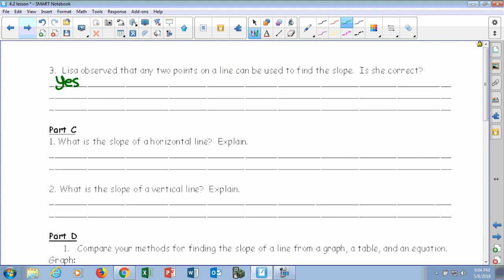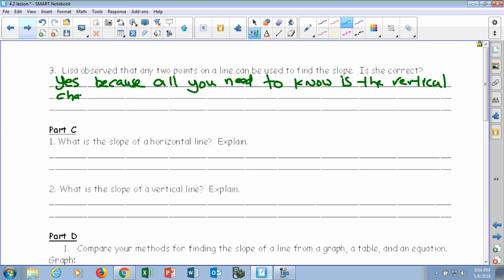And the reason is because all you need to know is the vertical change, rise, and the horizontal change. It doesn't matter where the points are on the line. You can pick the 2 closest points, you can pick the 2 furthest points, it doesn't matter.